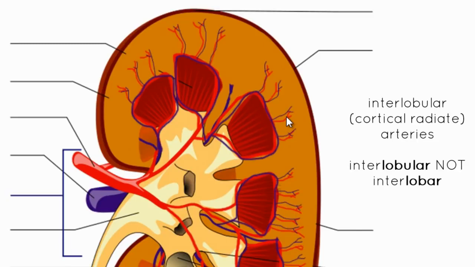So it can get a bit confusing because interlobar and interlobular are very similar, but if you just remember that interlobar are called that because they lie between the renal lobes, so on the sides of the medullary pyramids, then it will help you to remember the difference between interlobular and interlobar.